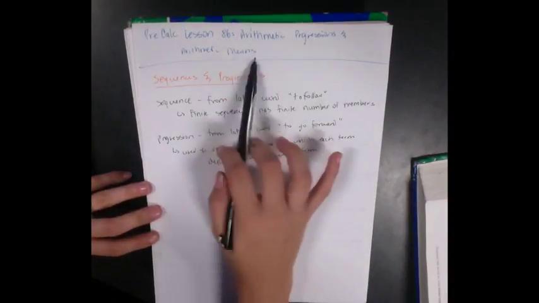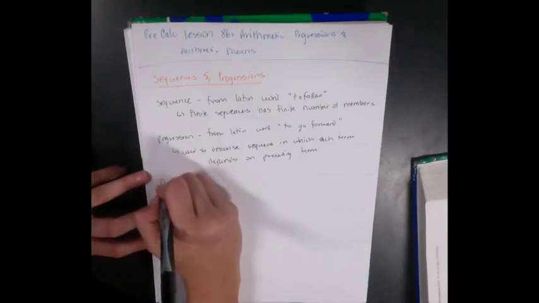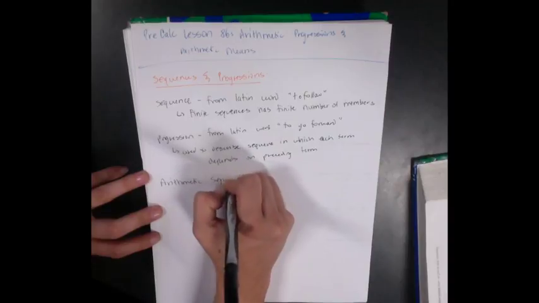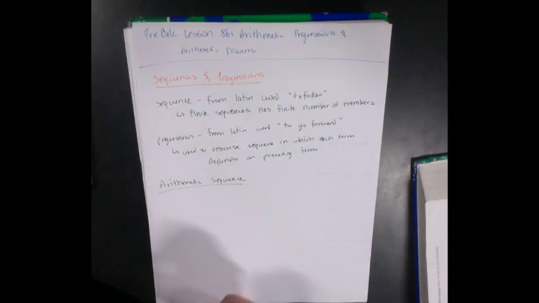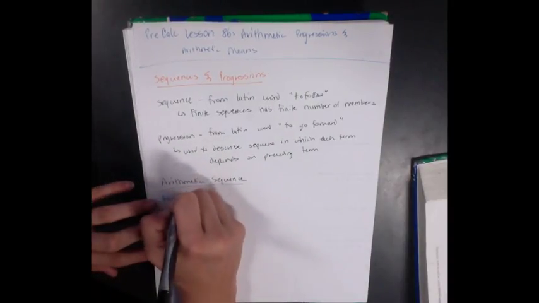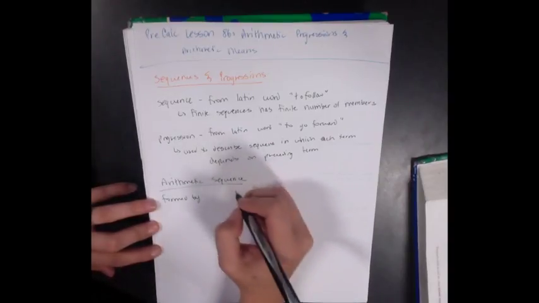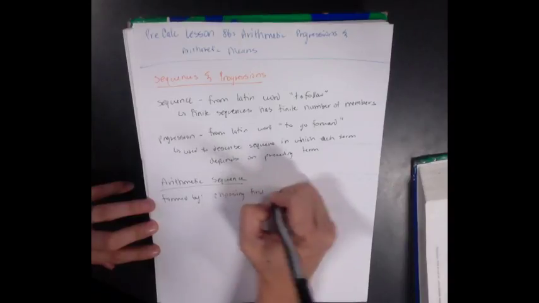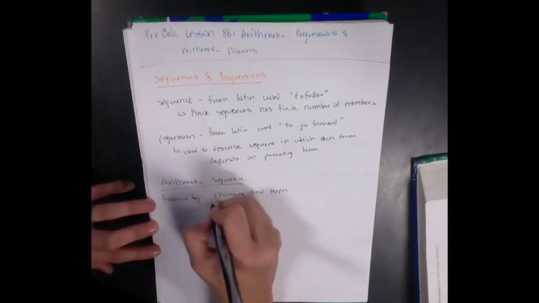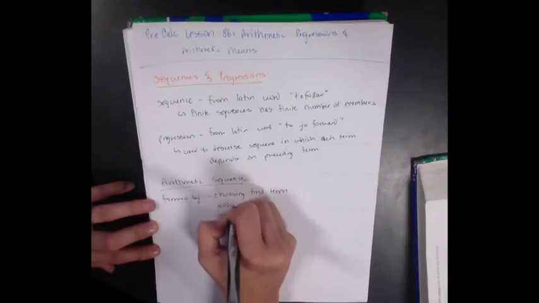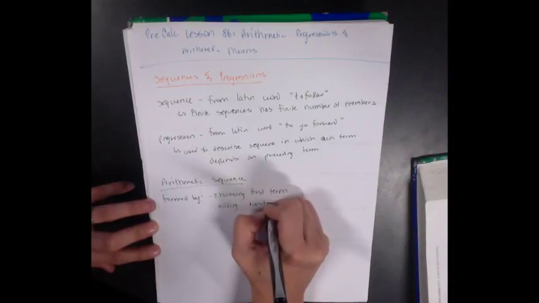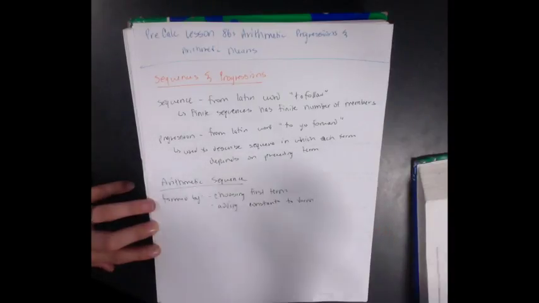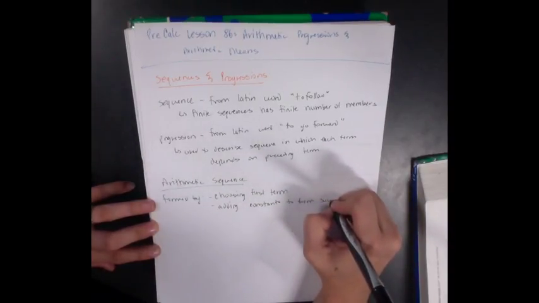Okay, so arithmetic progressions is an arithmetic sequence, and it's formed by choosing the first term, and then adding a constant to form the succeeding terms or the following terms.